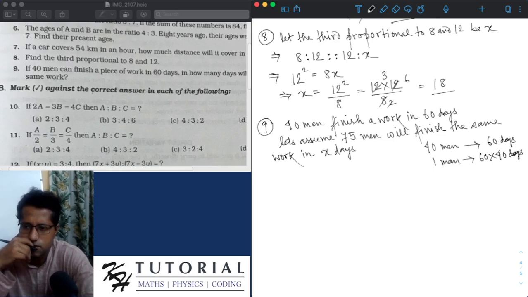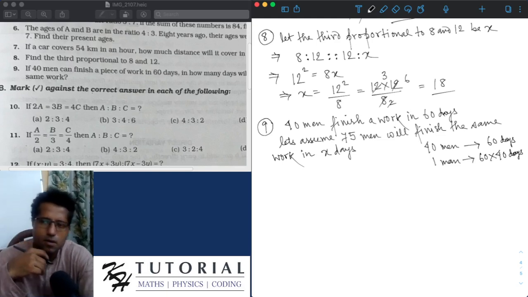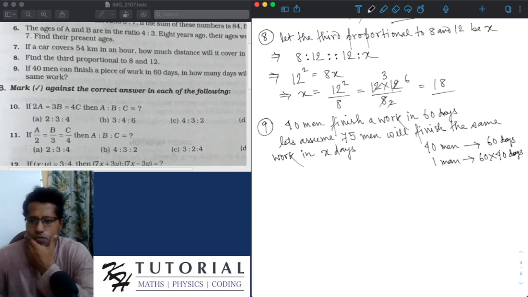If one man takes 60 times 40 days to complete a job, then 40 men will take 60 days. So if 40 men are taking 60 days, then one man will take 60 times 40 days.